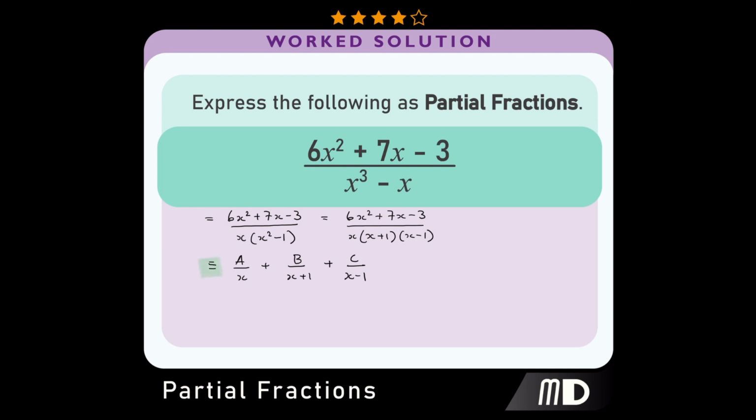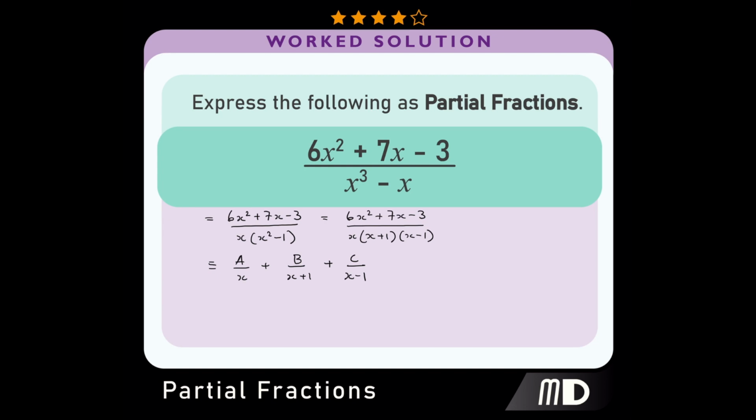Now, this is an equivalent sign. So we're saying that the expression that follows it is equivalent to the expression that came before it. Now we have a over x plus b over x plus 1 plus c over x minus 1.